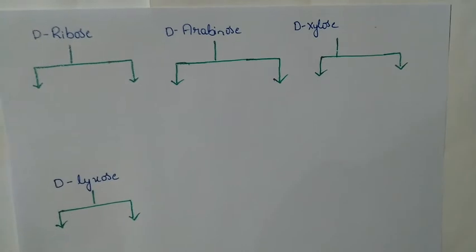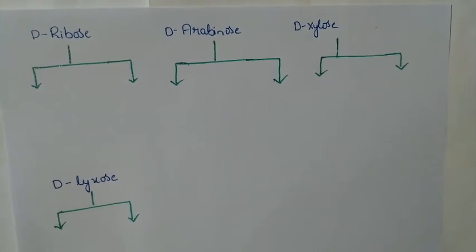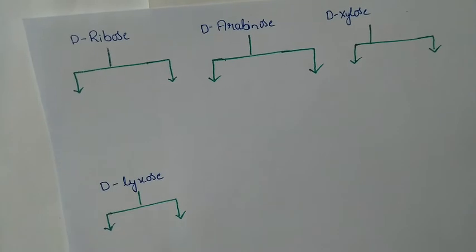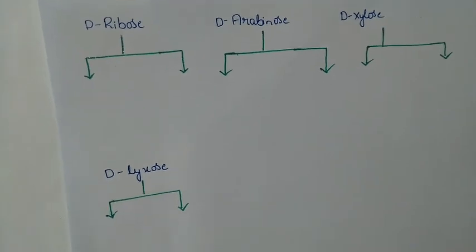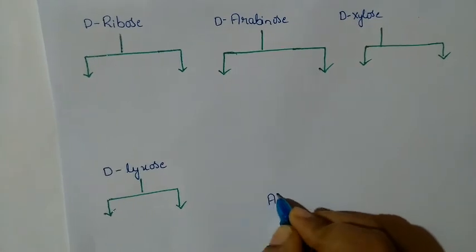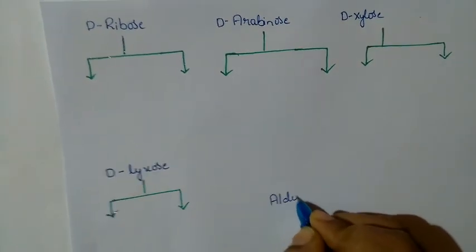D-ribose has been extended to arabinose, D-xylose and D-lyxose. So we shall write the names and structures of those compounds, and all these are aldohexoses.